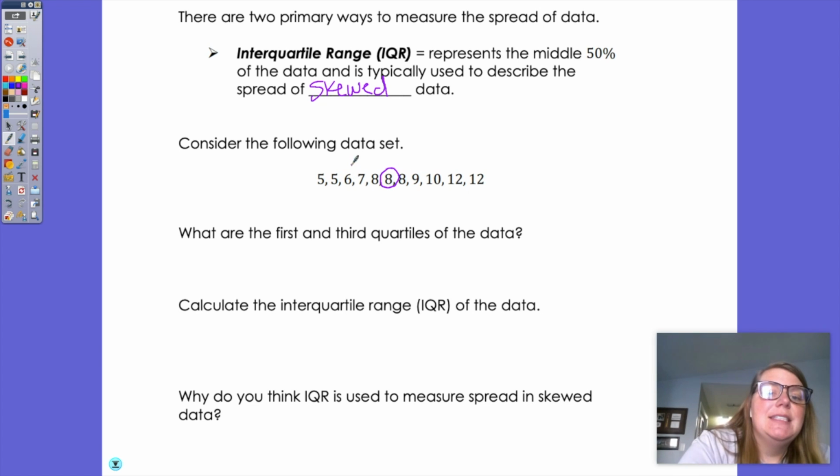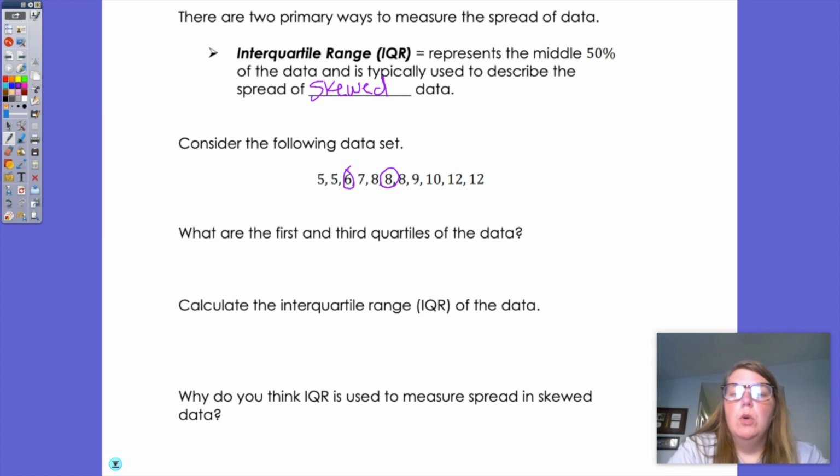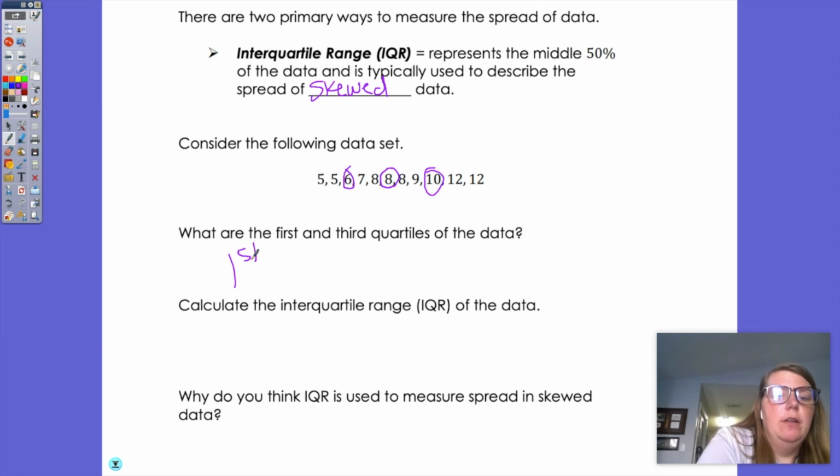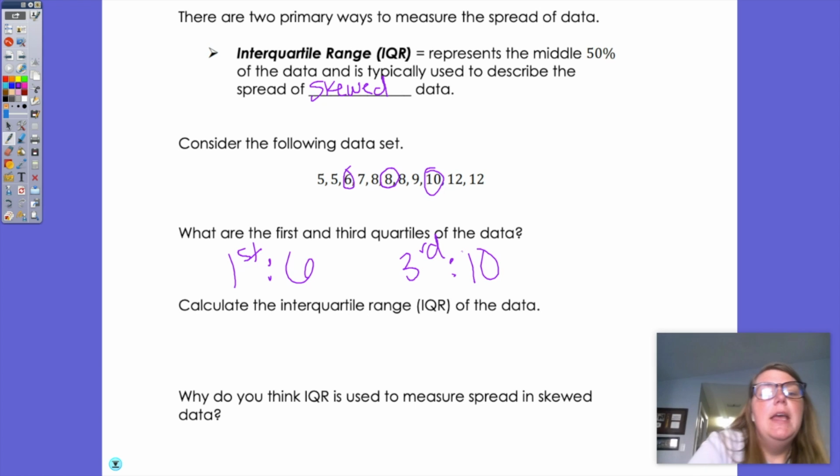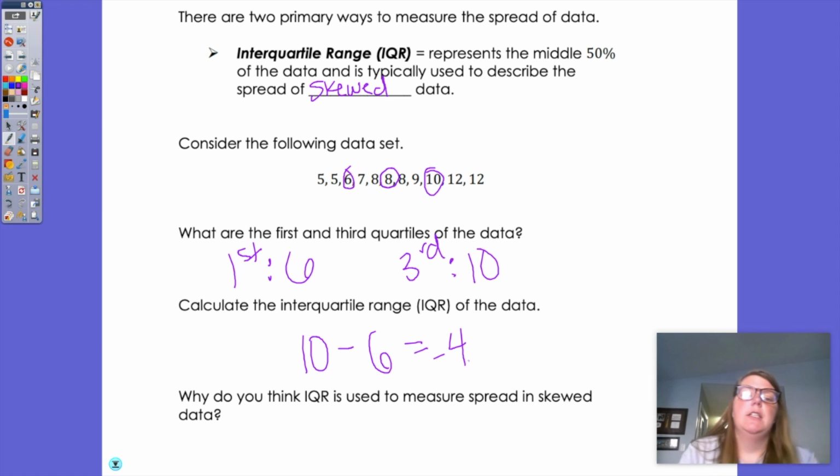That means 6 would be the lowest quartile, our first quartile, and 10 would be the third quartile, the upper quartile. And the IQR is just the third quartile minus the first quartile, which is 4.